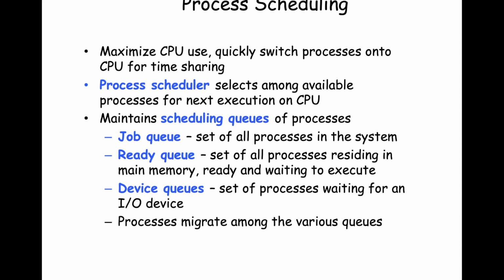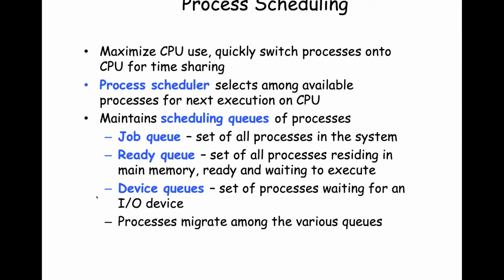We also have device queues, and the device queues correspond to all of those processes that are waiting for information from some device. That could be a disk device, it could be the network, and because they're waiting, they're not available to be scheduled for execution of their instruction streams by the CPU. Therefore, we have a separate queue called the wait queue, the device queue, which is associated with each device.